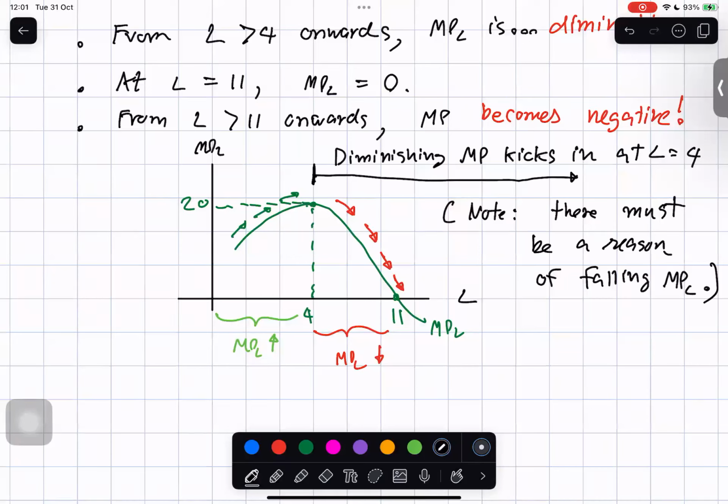Okay. Final thought about this is there must be a reason why marginal product, or extra cookie we receive when we add extra guy, keep falling when we use more than 4.